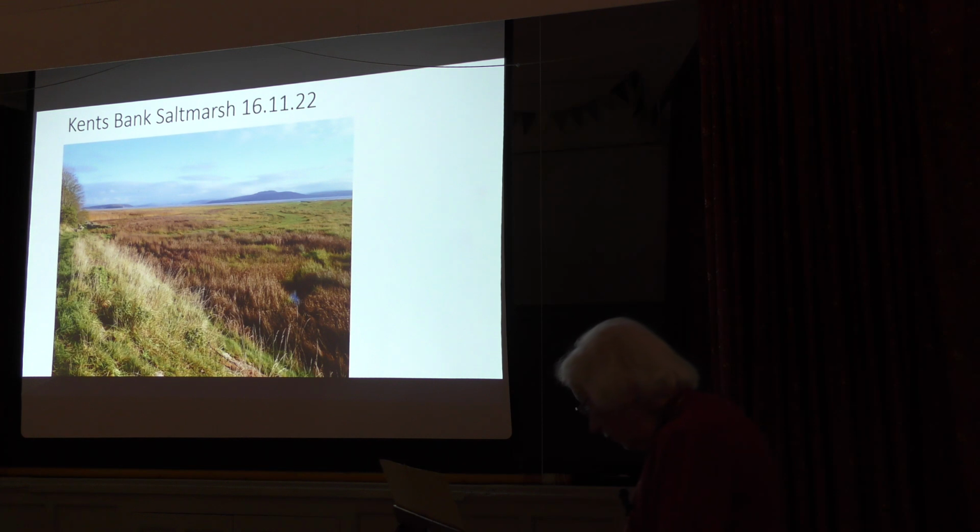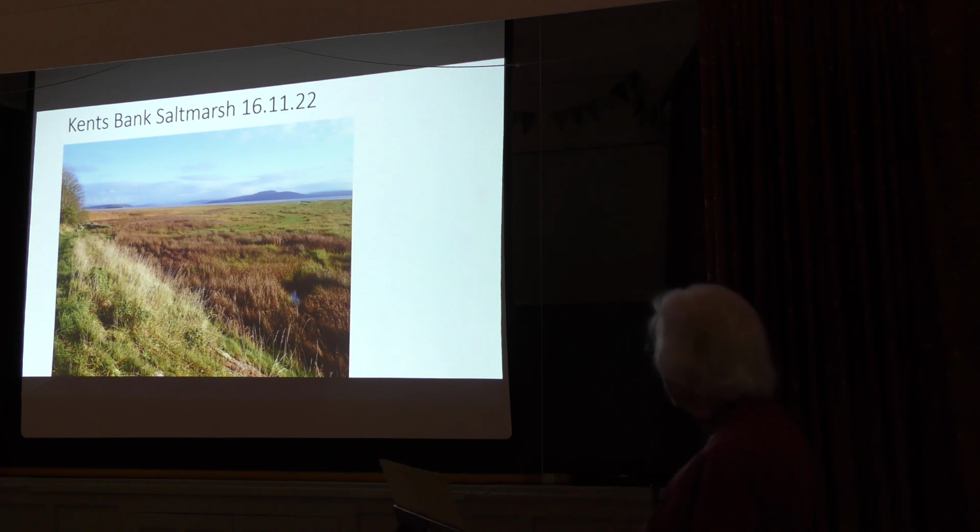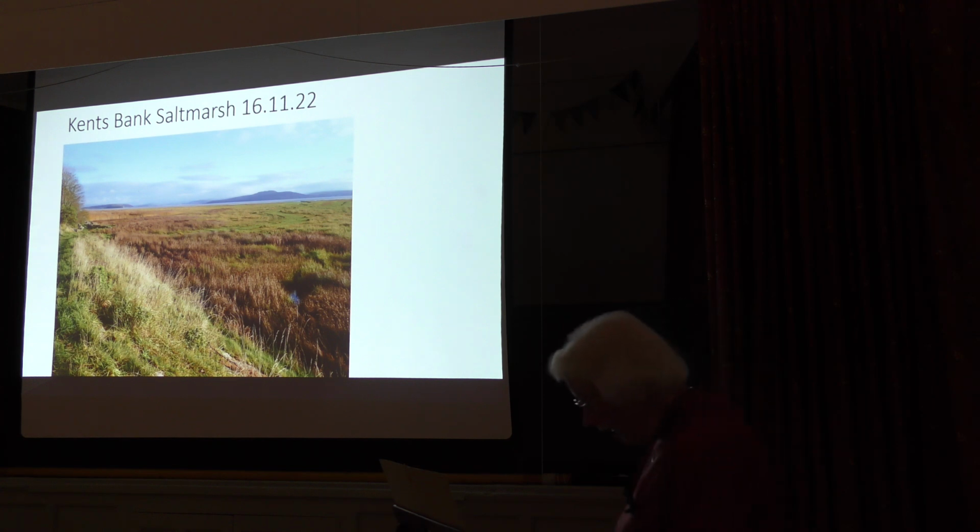Now this is a slide at Kent's Bank, as you can see. It's looking northeast towards Arnside Knot, rather than east, which the previous slides had looked. A very mature marsh here, but a marsh that had been very rapidly eroded.